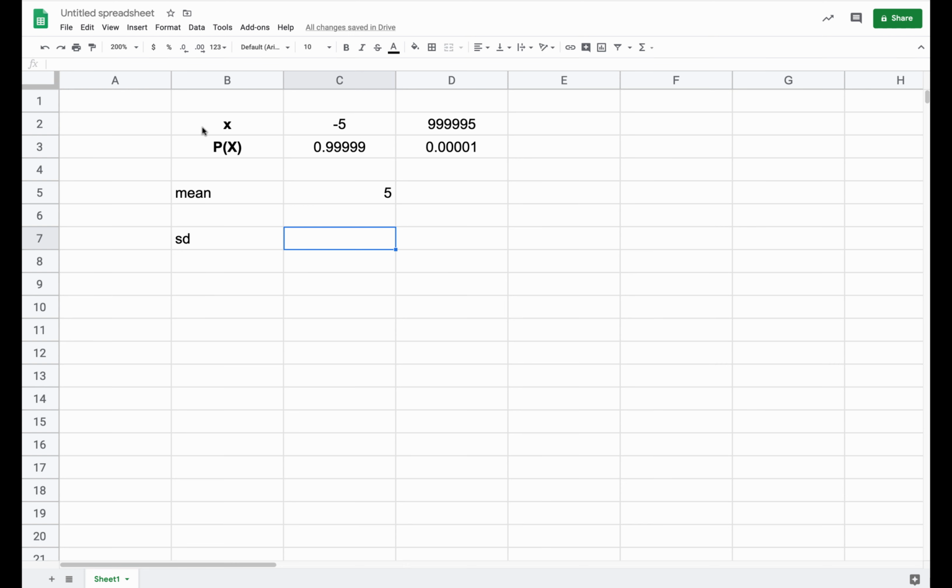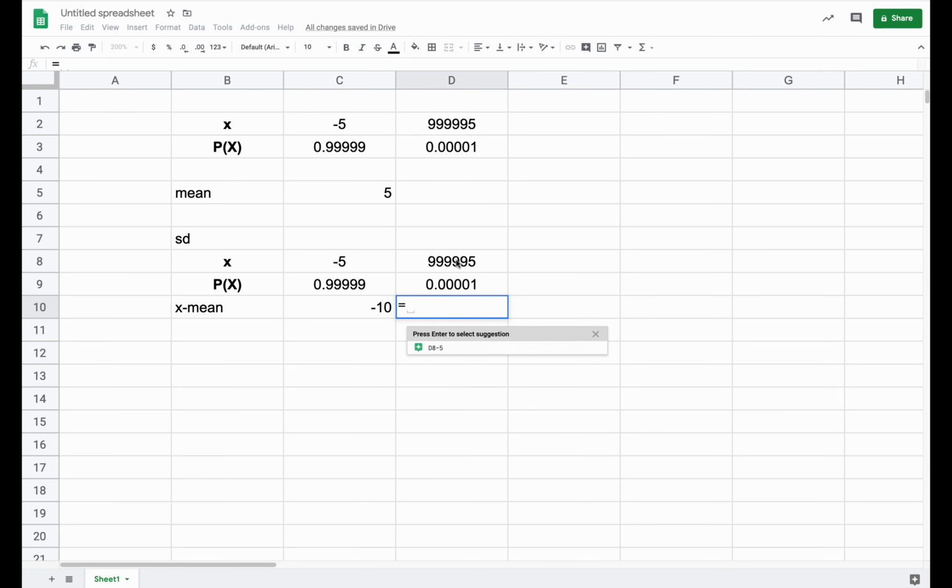So I'm going to copy this table again because I'm going to add a couple of extra rows to it. So I'm going to add a row that is x minus the mean. So I will take -5 minus 5, the mean, and then for the next column, I'll take this near $1 million, which equals 999,995 minus $5 for the mean.